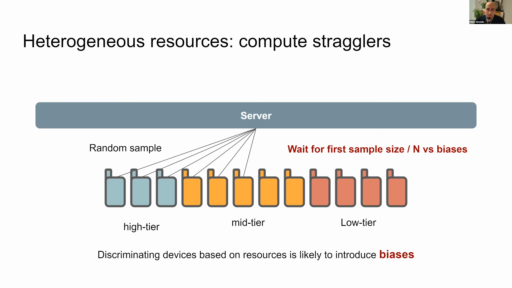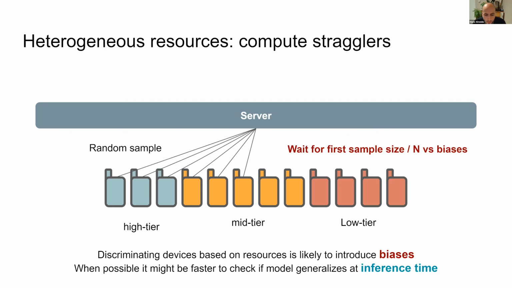So you might be removing completely some demographics. Another thing is that sometimes it's very hard to predict during training if your model is actually generalizing well. Typically, you resort to inference in order to do this, because it's orders of magnitude faster.